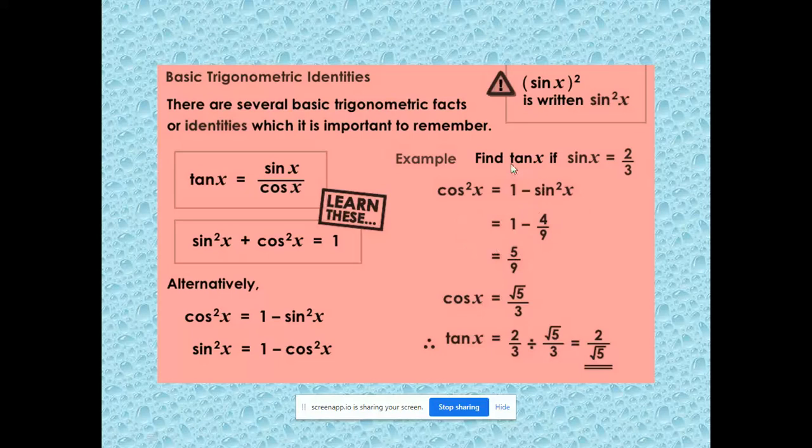Here we want tan x. That means cos x is equal to how much here? Root 5 by root 9, that means root 5 by 3. So tan x is nothing but the division of sin x by cos x. So 2 by 3 divided by root 5 by 3. And 3 gets cancelled, we get 2 by root 5.